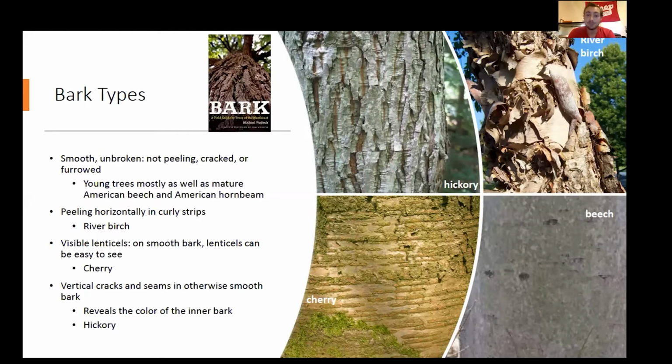We also have ones with visible lenticels, and those are the horizontal lines that you see on cherries. These lenticels refer to gas exchange pores in the tree. You can also have vertical cracks and seams and otherwise smooth bark, and that will usually reveal the color of the inner bark as seen in the hickory. You can see the red that is revealed in the cracks and seams.